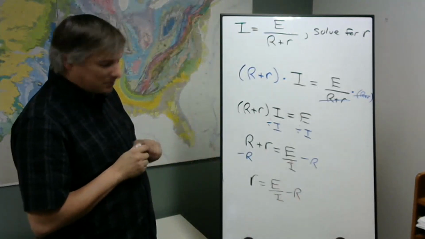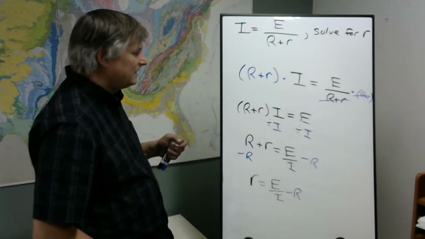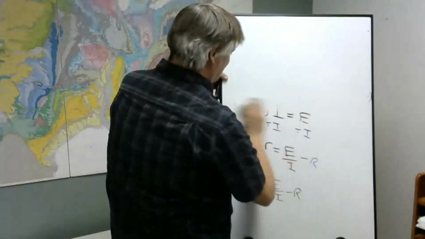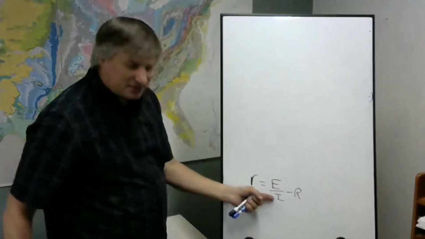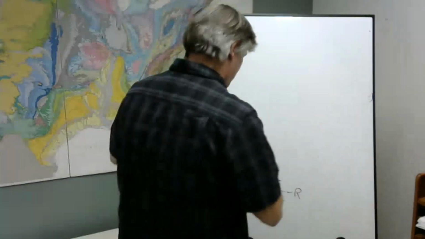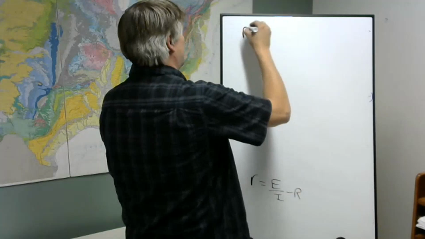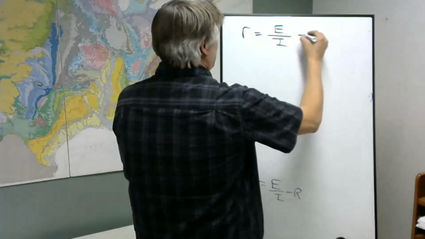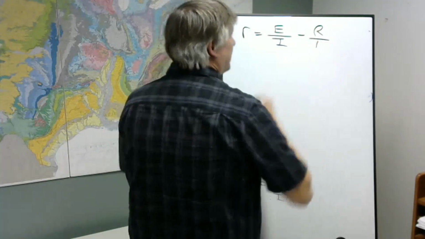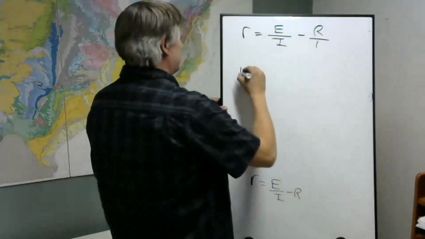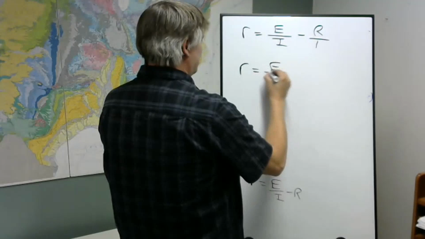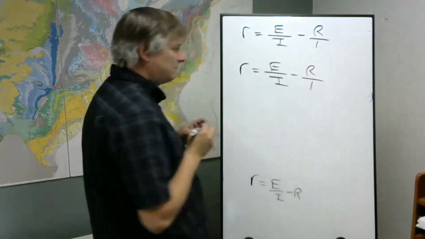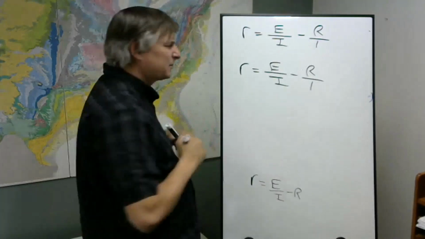Now, what they actually want us to do is combine these into one term. So we can think of this as divided by 1. And we want to make these into one term. We need common denominators.